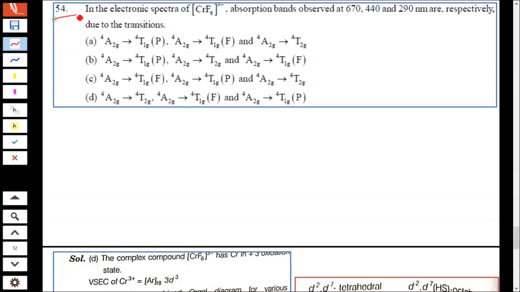Question number 54. In the electronic spectra of CrF6 3-, absorption bands are observed at 670, 440 and 290 nm respectively, due to the transitions.